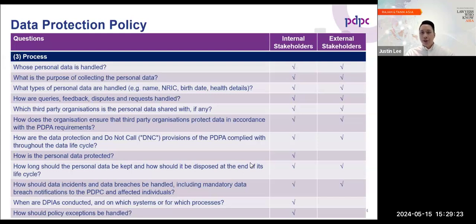Typically, this involves situations like collecting personal data without consent by relying on a legitimate interest exception. You have to conduct a data protection impact assessment before you do so, to assess that the negative impact to the data subjects whose consent I'm not collecting is actually quite minimal, or is mitigated by or outweighed by the benefits of the data collection.